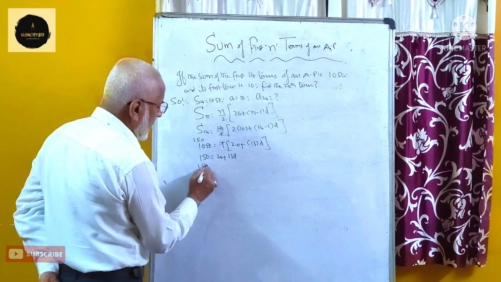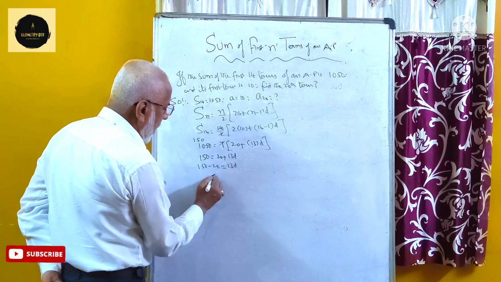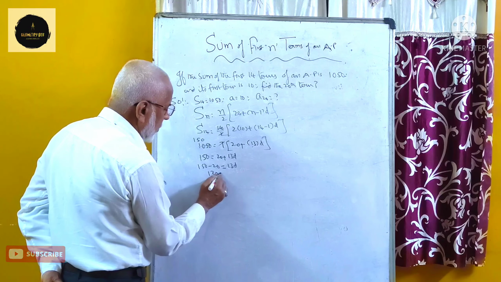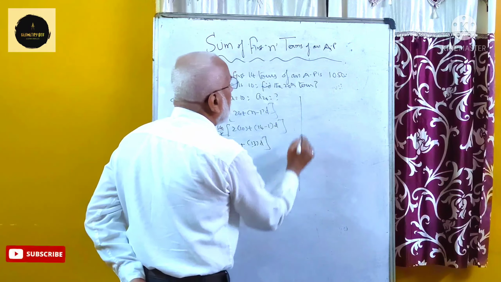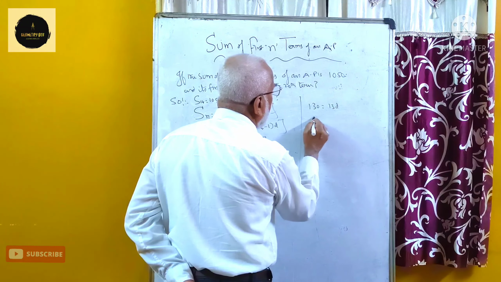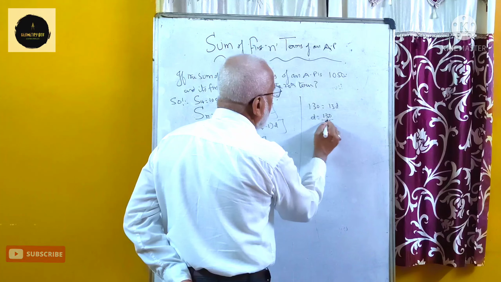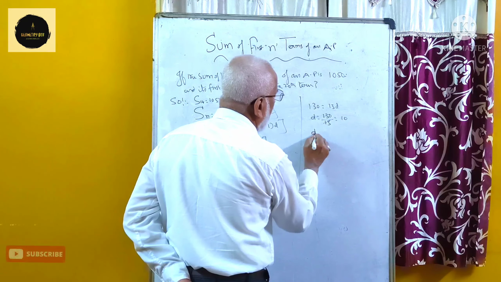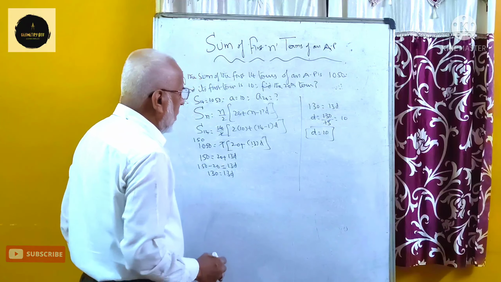Transferring 20 to the left side, 150 minus 20 is 130, equal to 13d. Then d equals 130 divided by 13, which is 10. Therefore the value of d is 10.